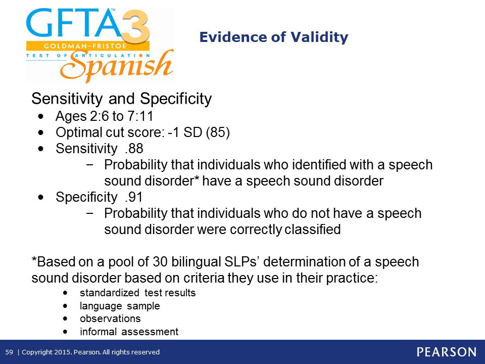And specificity, which is the probability that individuals who do not have a speech sound disorder were correctly classified, was 0.91. And we used a pool of bilingual SLPs' determination of a speech sound disorder based on the criteria that they use in their practice, which included standardized test results, language sampling, observations, and informal assessment.